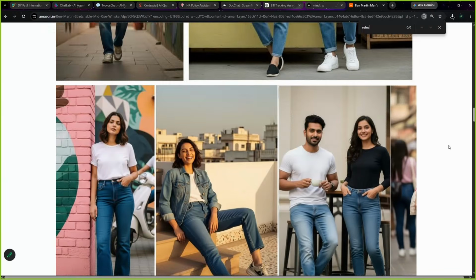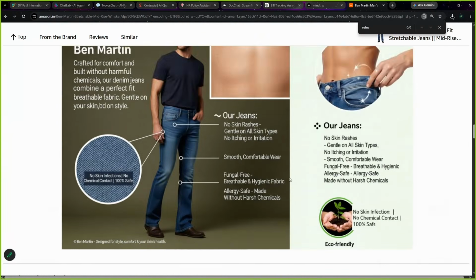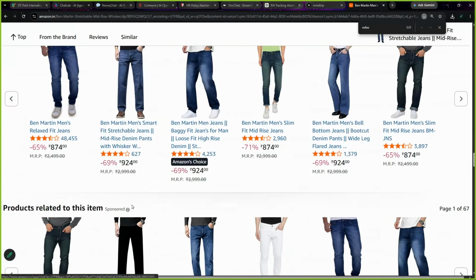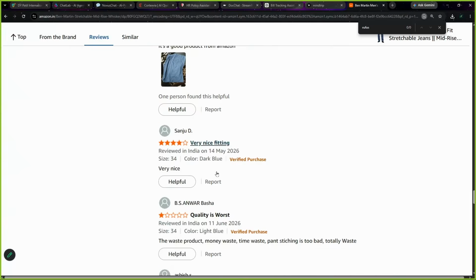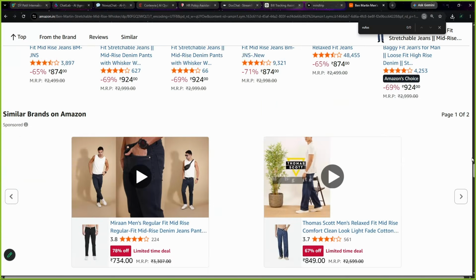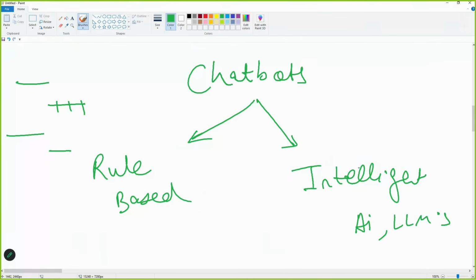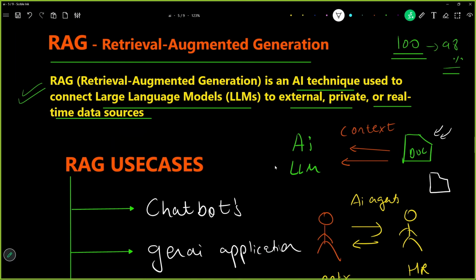I think they've removed it or something because I just checked. All right, we do have a chatbot, but currently it is not visible. Really not a problem. But yeah, chatbots also we have of two kinds, and this is what is a retrieval augmented generation. This much is clear. Yes.